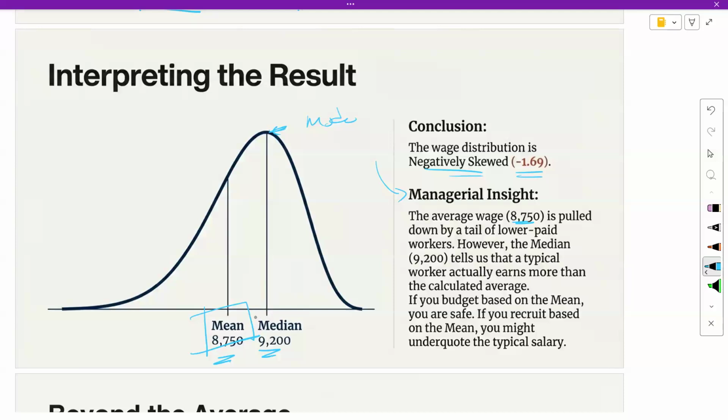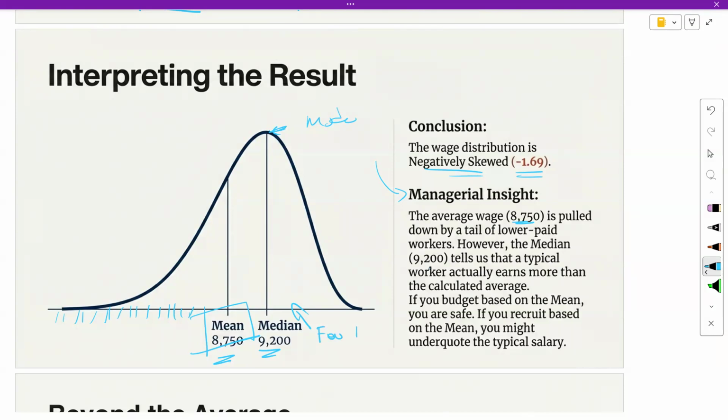So when we look at here, there are many low salary employees, but a few people getting higher salary, and it brings the mean here.